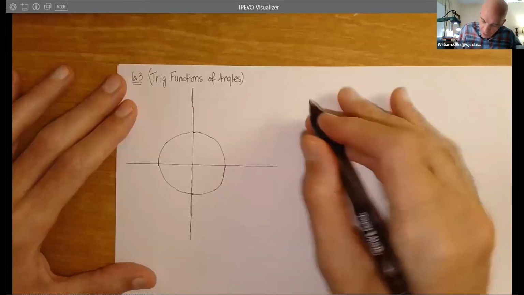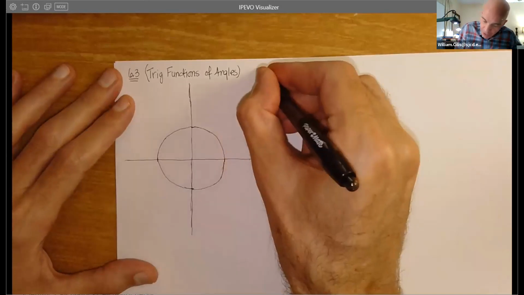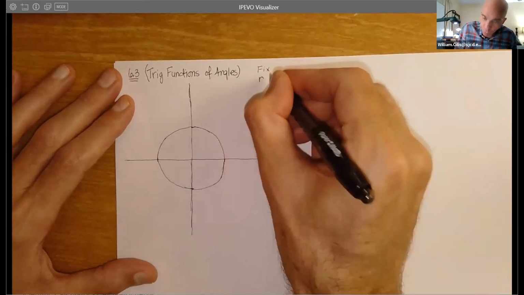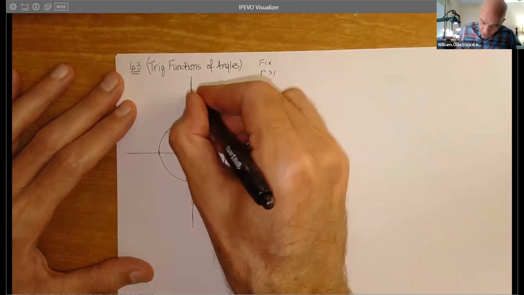And now we're going to start with the unit circle, and then we're going to fix r bigger than 1. Okay, so we'll take a larger r, something bigger than 1.